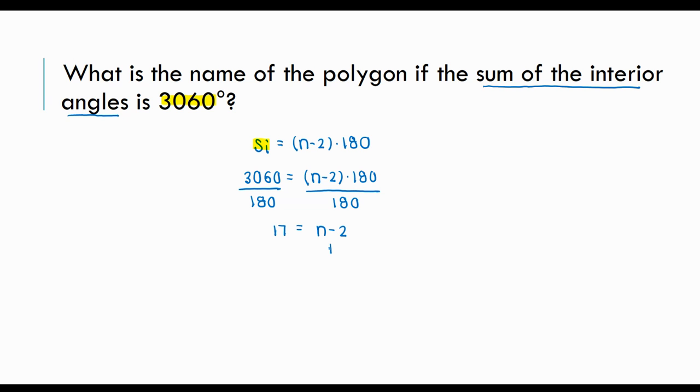Last step to solve for n, I'm going to add both sides. So then n equals 19. Once again, that's not my final answer either because it says what is the name of the polygon. 19 would then become a 19-gon. And that is the name of the polygon that has 3,060 degrees for the sum of my interior angles.